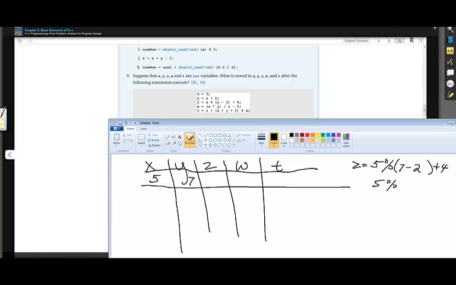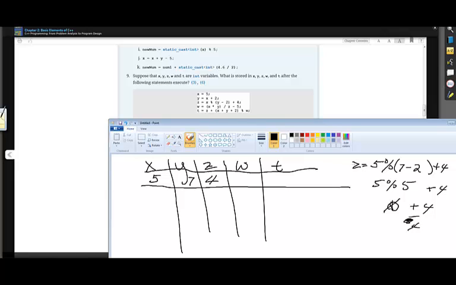So 5 mod 7 minus 2 is 5, plus 4. 5 mod 5 is what? 1. 1 plus 4 becomes 5. So Z now equals, wait, I messed up here. 0. See, you gotta be careful. This is a 0. Okay, there's no remainder. My apology. 5 mod 5 is 0. There's no remainder. So this is 4. So this Z is 4.